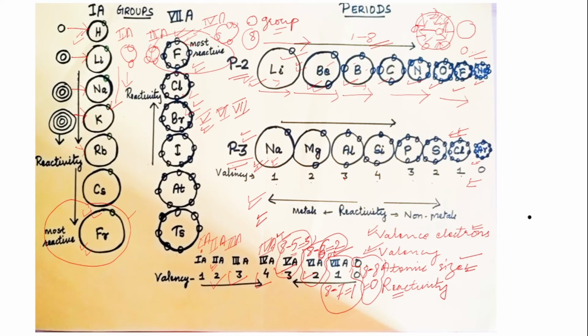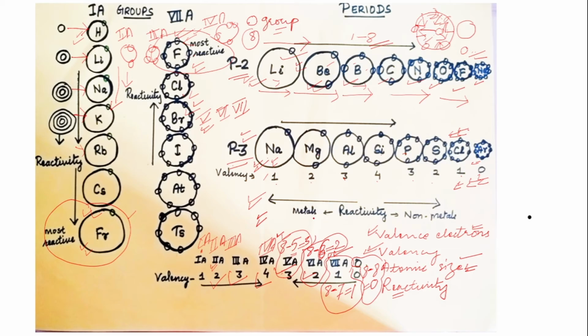So the reactivity is maximum towards the extreme left and the extreme right, except for group 0. Argon is a group 0 element, an inert gas, and is not reactive at all.